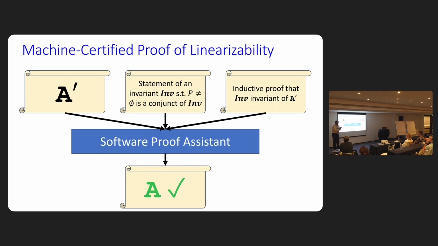I can just be sure that that algorithm is linearizable. So the verification is reduced to near zero. I'm not saying zero, near zero, for a reason that I can come back to, but verification is essentially reduced to zero. The prover is not spared any effort.